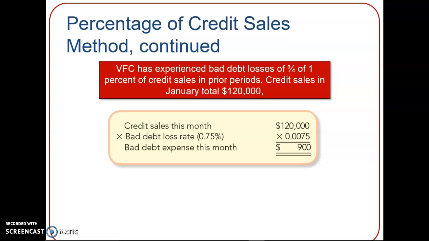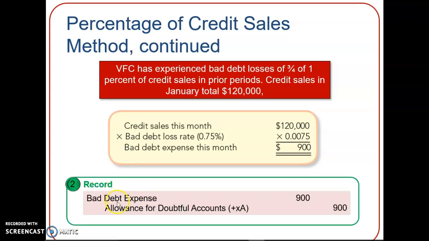So that's 0.0075. We get $900 of this month's bad debt expense. So in step 1, by the end of this month, before January 31st, when you say debit, bad debt expense, credit, what? Allowance for doubtful accounts, $900.